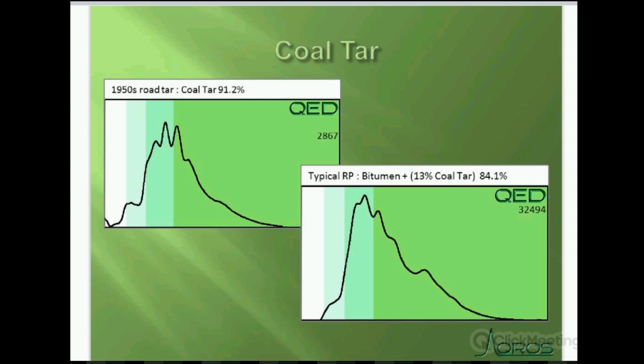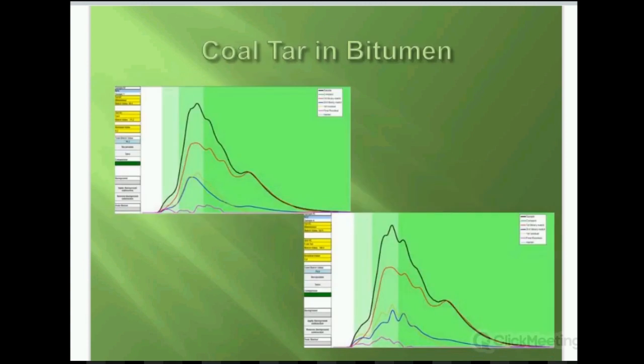The confidence of that particular value is 84%. The confidence it's coal tar in the one above is 91%. So the QED is able to actually identify very quickly the proportion of coal tar in any road planings or utility arisings from the binder.